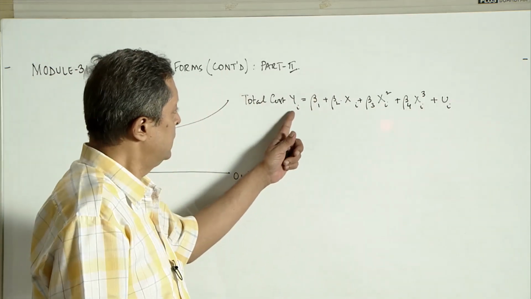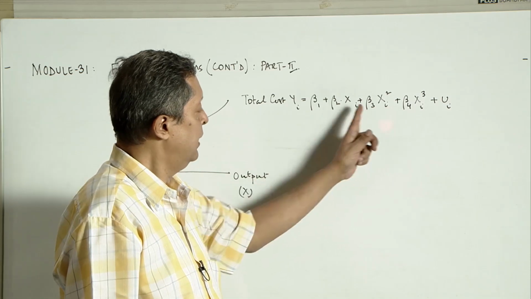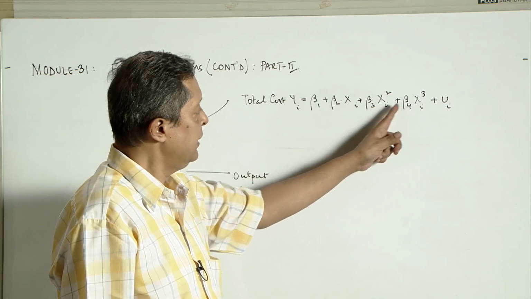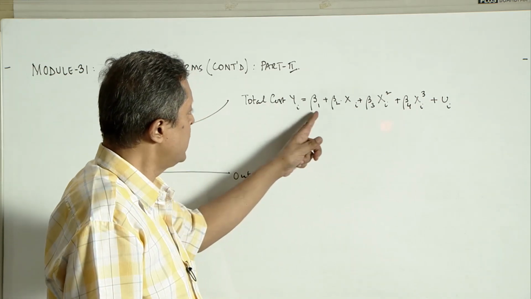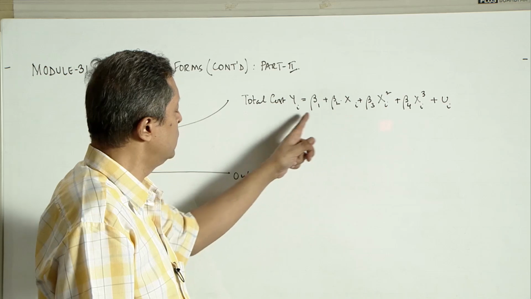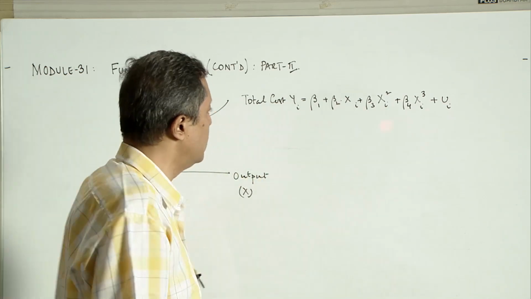So, output is x, the square of output is x square, cube of output is x cube, and the total cost is a cubic function in output.